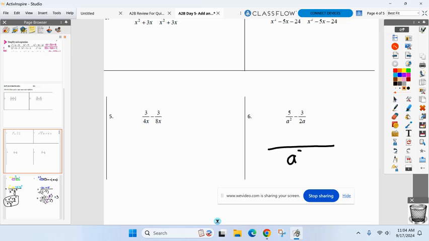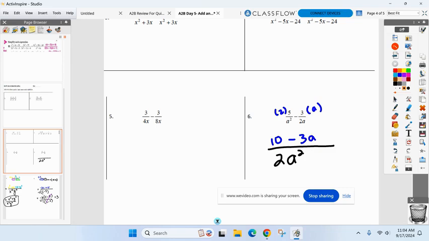So a squared's got to go. And I still have what number hanging there? A 2. So that's got to go in there. Look at your denominators now. What do I have to multiply a squared by to get 2a squared? 2. So that's 10. How do I go from 2a to a squared? And I don't think we're doing anything on top. There's no GCF. So we're done there.